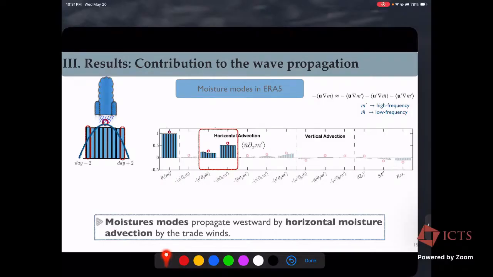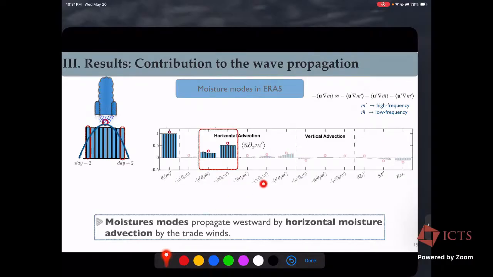Here the red circle means the maximum convection over the region of analysis, and this one represents 2 days previous to the maximum convection at the point, and 2 days after the maximum convection over this region. So this basically represents how the wave evolves over the system, how the different terms are contributing to the wave evolution of the system.